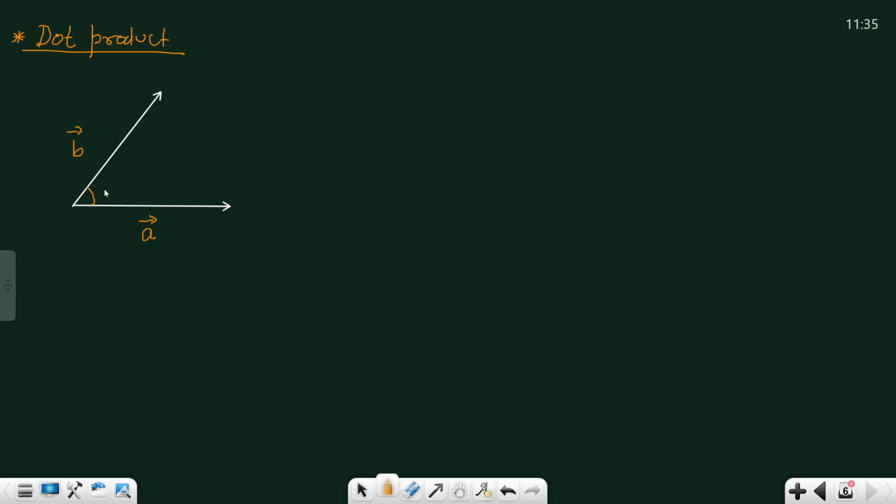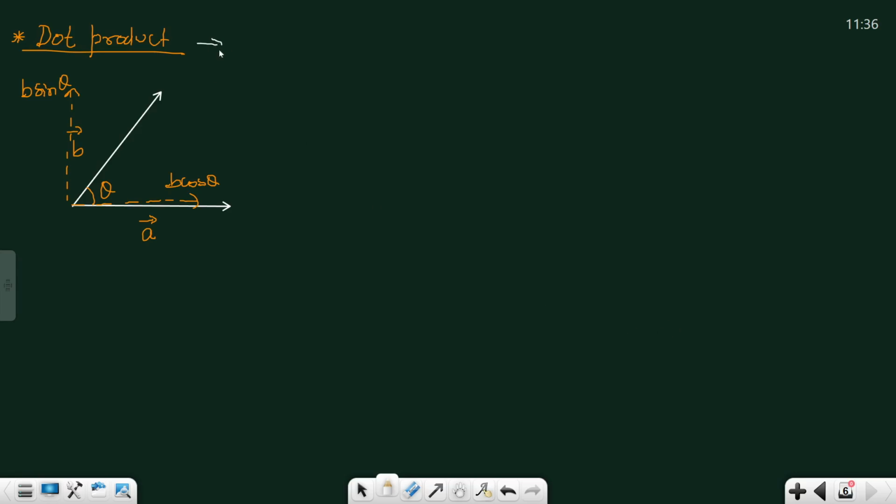B will have two components, one along horizontal and one along vertical. This one will be b sine theta, and this one will be b cos theta. Which component of b is parallel to a? Cos theta. B cos theta.